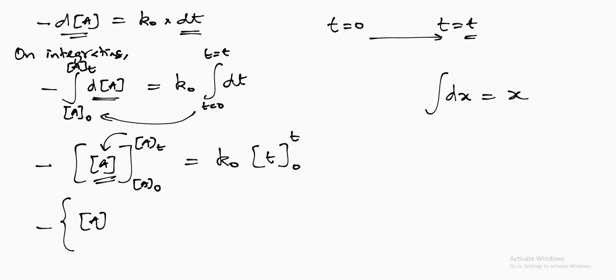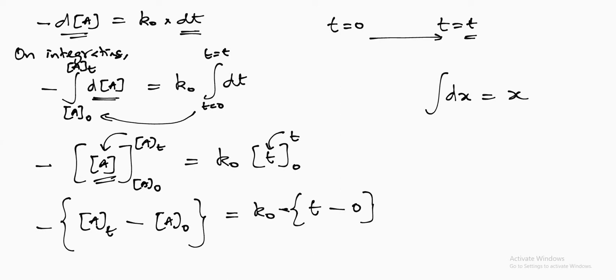So in the place of A, I'll put the upper limit AT, minus, in the place of A, I'll put the lower limit A naught, equal to K naught into, similarly in the place of t, first the upper limit t, then the lower limit 0. If I multiply by the minus sign here, what will I get? Minus AT plus A naught equal to K naught into T.